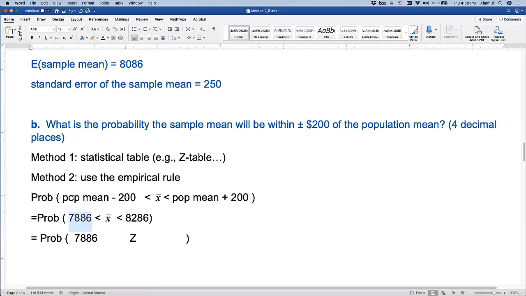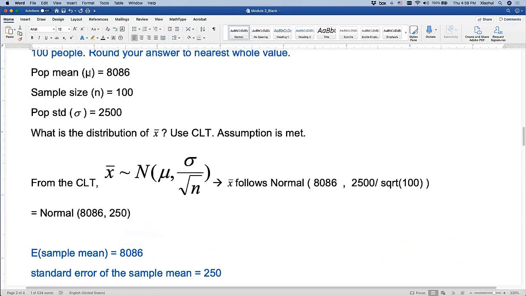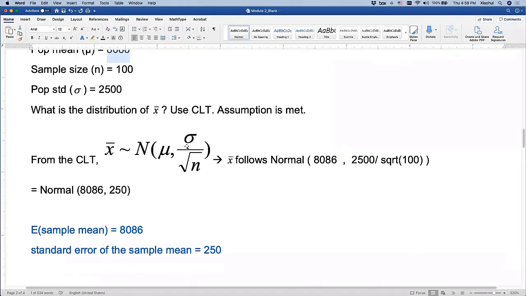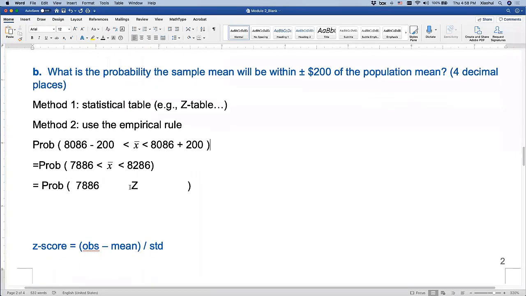The reason is it's going to be population mean minus 200, and we know the population mean, which is given here, right? So you can replace the population mean by 8,086, and you do the same thing here as well, right? Is it clear what I'm saying? Good.